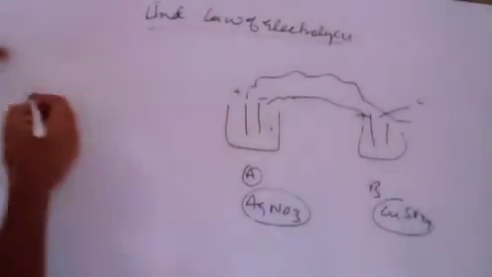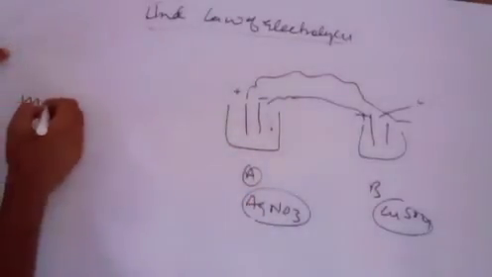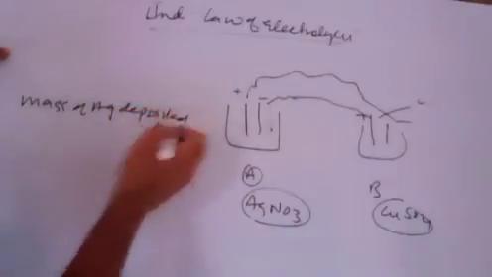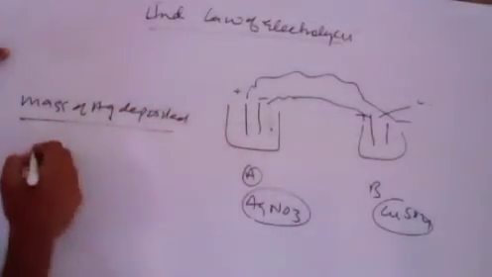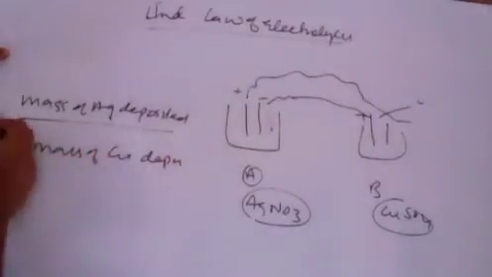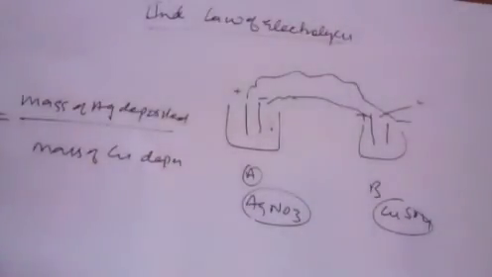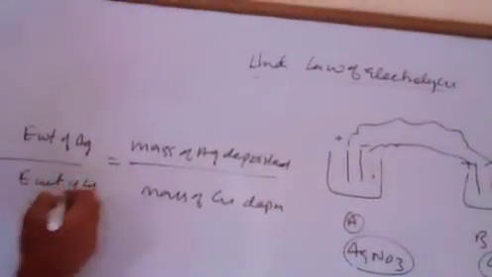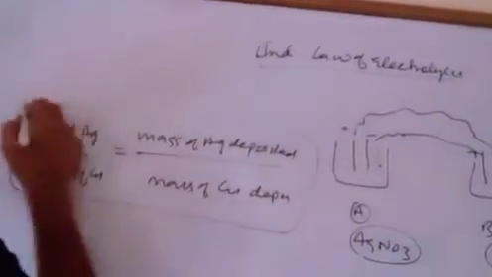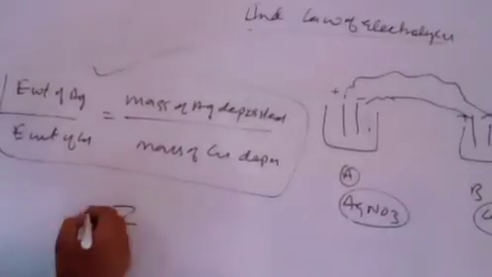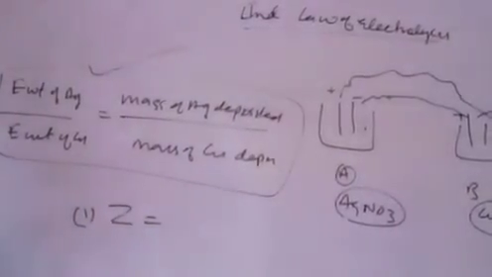So simple relation: mass of Ag deposited divided by mass of copper deposited is equal to equivalent weight of Ag divided by equivalent weight of copper. So this is the mathematical relationship, right?